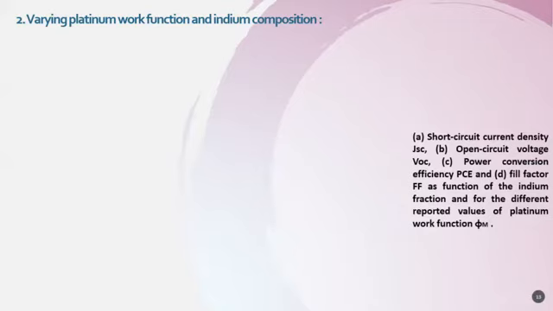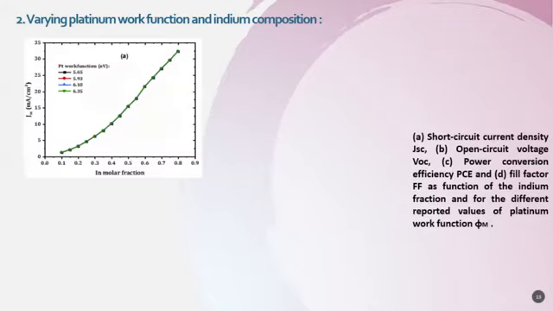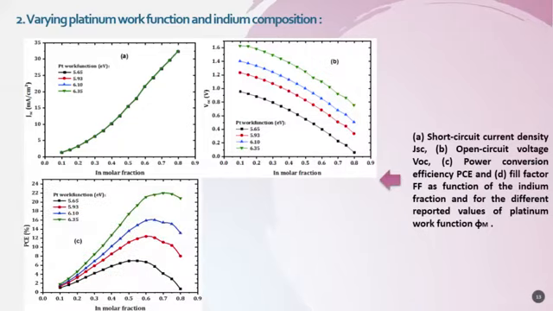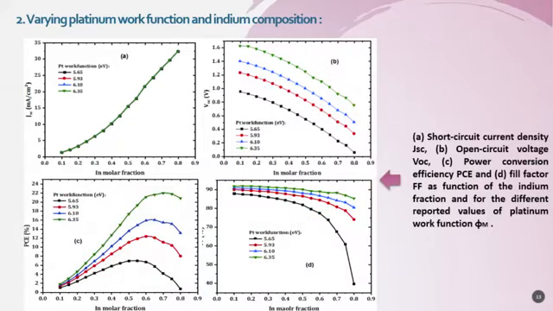Now the effects of platinum work function and indium fraction in the InGaN compound are studied. The figures show the obtained electrical output parameters of the solar cell for the different reported values of platinum work function versus indium molar fraction.